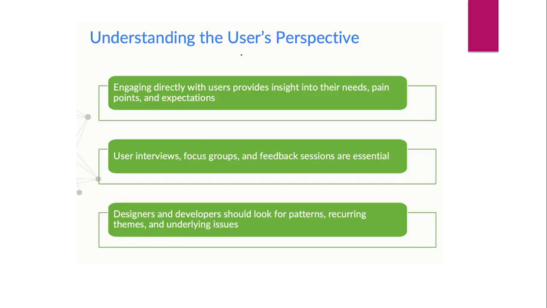Now, understanding the user's perspective. The user's perspective means the customers, those who are coming here for the design. Here you have to engage directly with the users and gain insights into their needs, pain points, and expectations. Next, conducting user interviews, focus groups, and feedback sessions is essential.